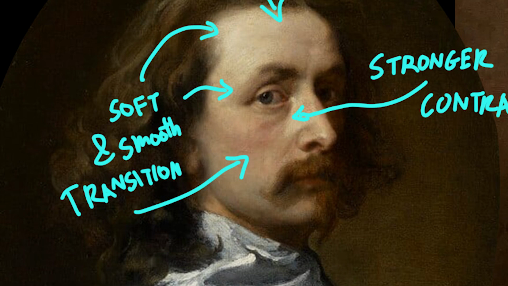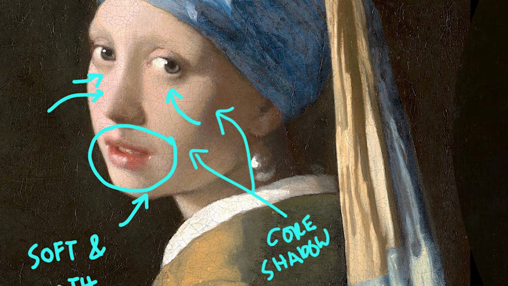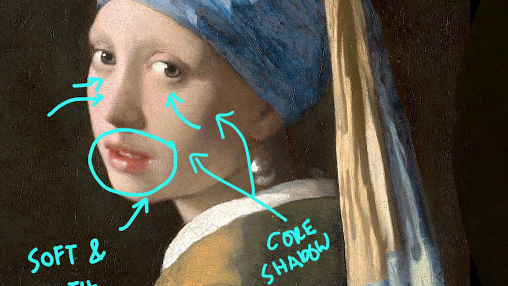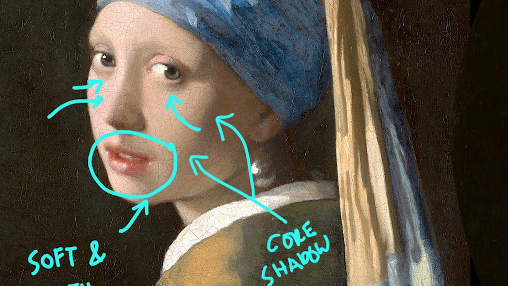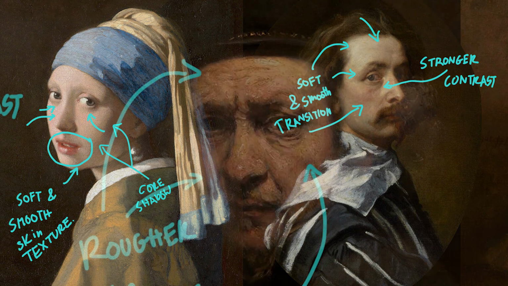I would say the lips still have quite a soft transition since he has a mustache going over them, whereas the girl with the pearl earring does not have any facial hair, let alone any eyebrows at all. So those are the two smoothest skin textures out of the three paintings, and Rembrandt has the roughest skin texture.